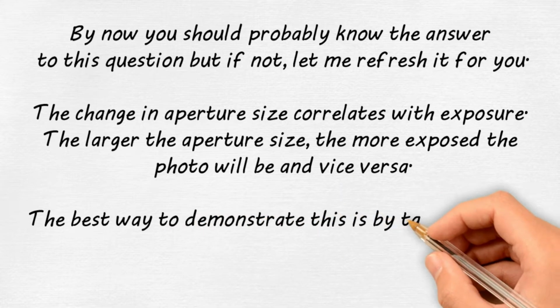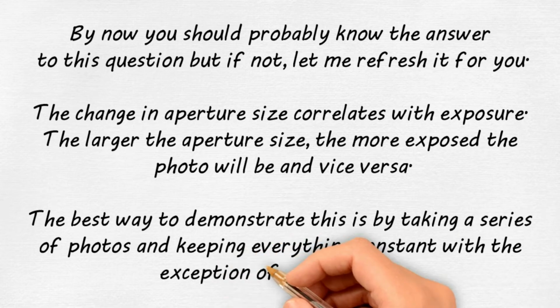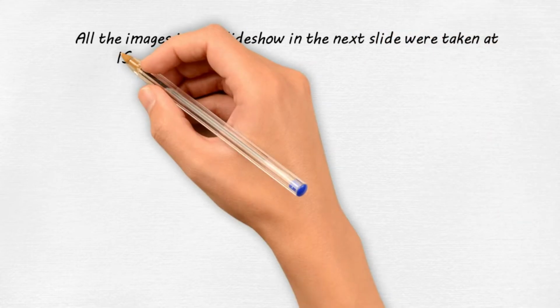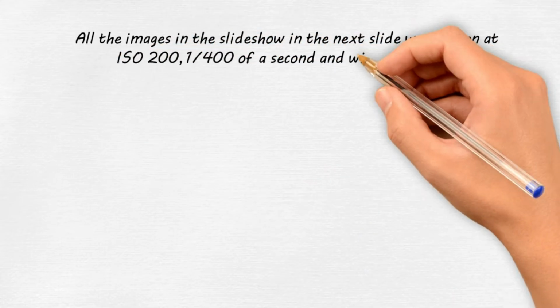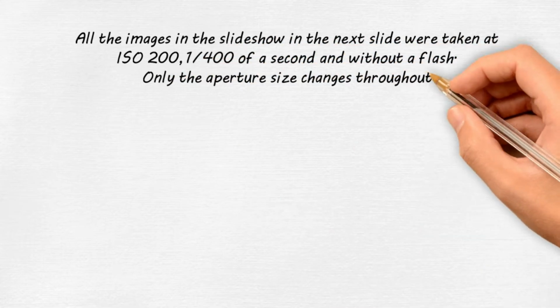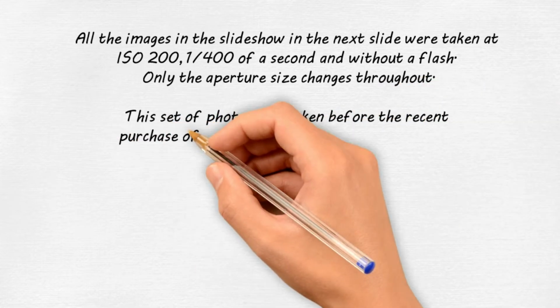The best way to demonstrate this is by taking a series of photos and keeping everything constant with the exception of the aperture. All the images in the slideshow below were taken at ISO 200, 1/400 of a second and without a flash. Only the aperture size changes throughout. This set of photos was taken before the recent purchase of my large aperture capable f/1.4 lens.